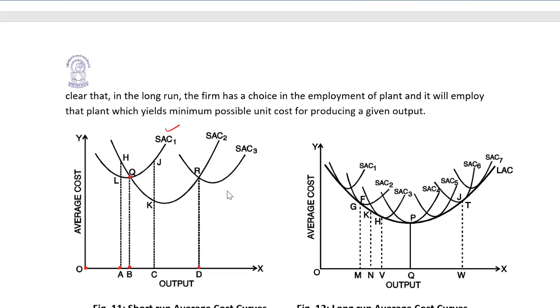Clear? It is clear that in the long run, the firm has to make a choice in the employment of plant, and it will employ the plant which yields the minimum possible unit cost for providing the given output.